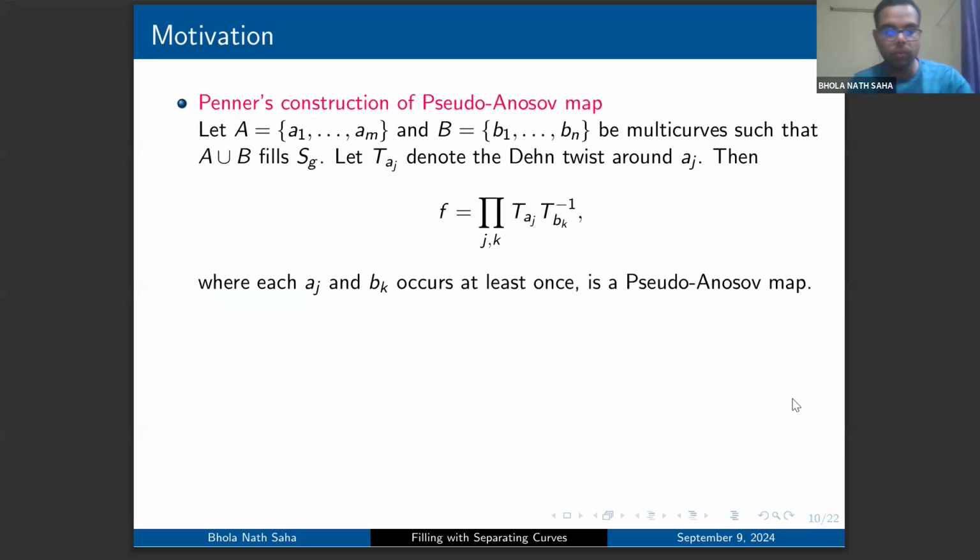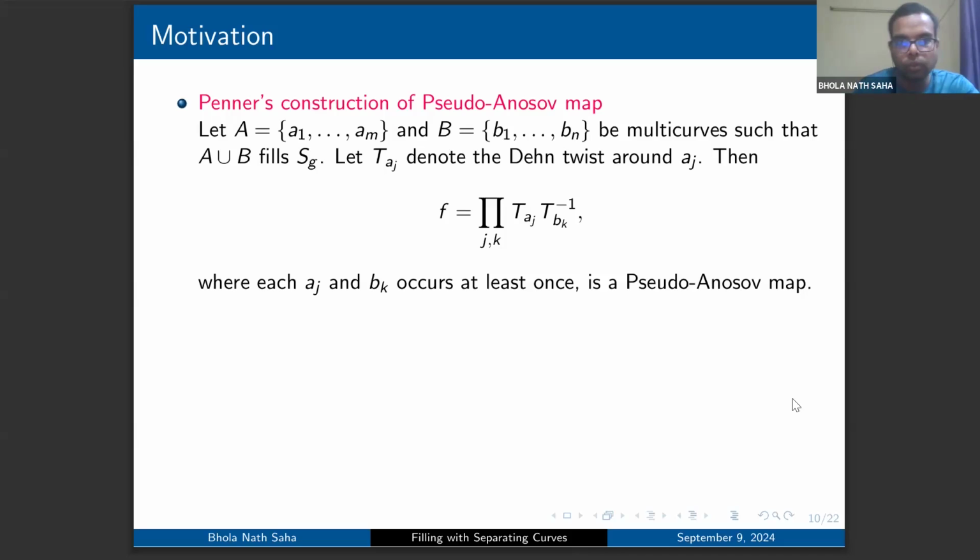Now we'll see some motivation for studying filling systems on surfaces. The first one is the construction of pseudo-Anosov maps. Note that pseudo-Anosov maps are the most non-trivial mapping class group elements.